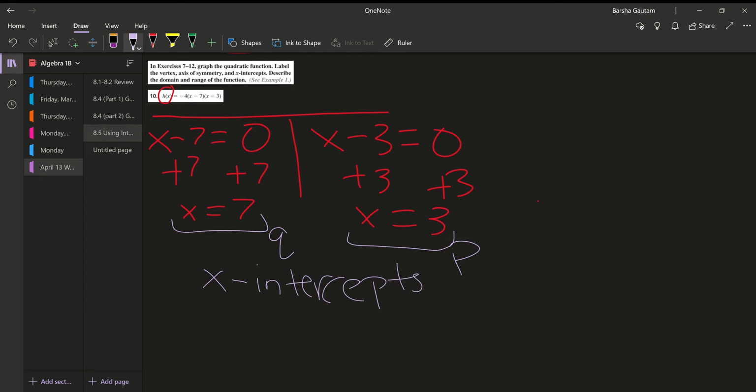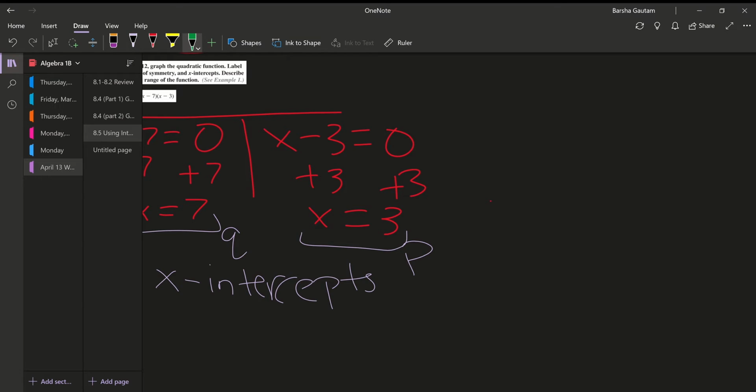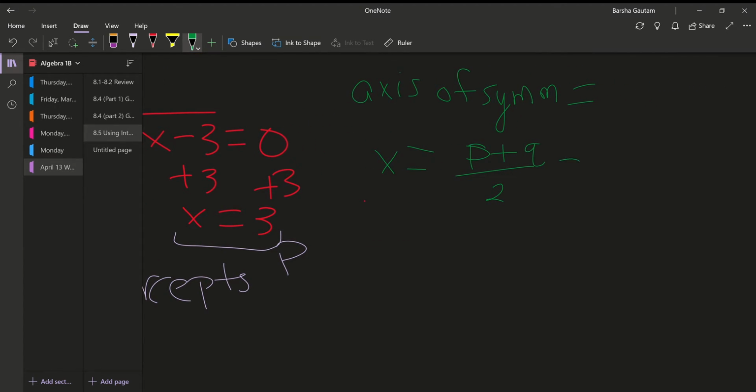Now we can figure out what our axis of symmetry is. Let's do that over here. Once again, try to see if you can remember the formula by yourself. Alright, so x equals p plus q.